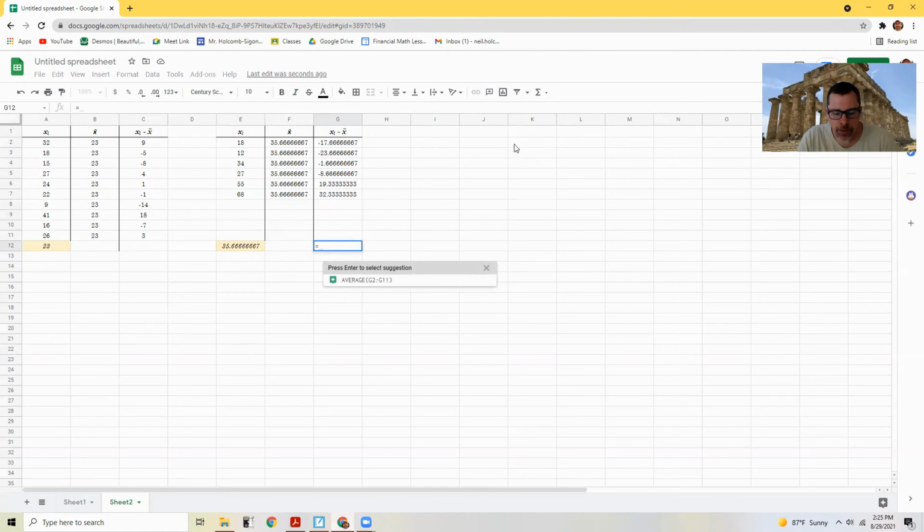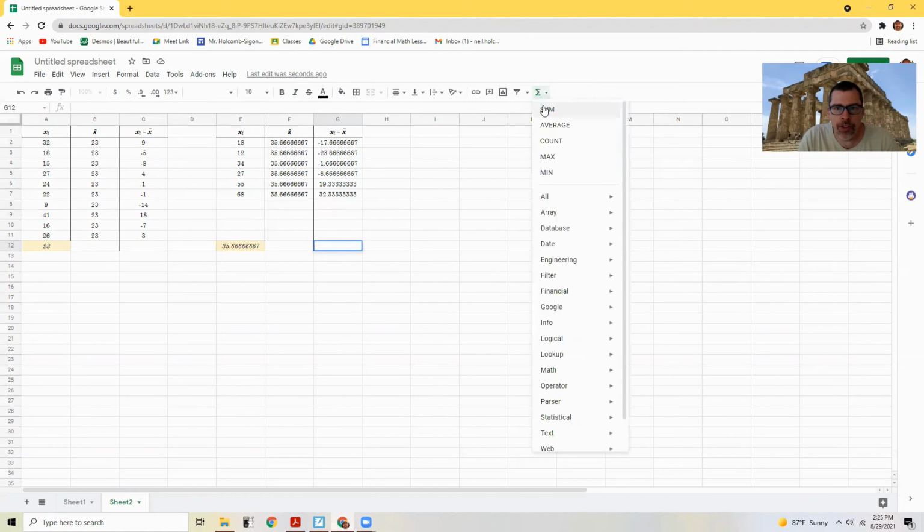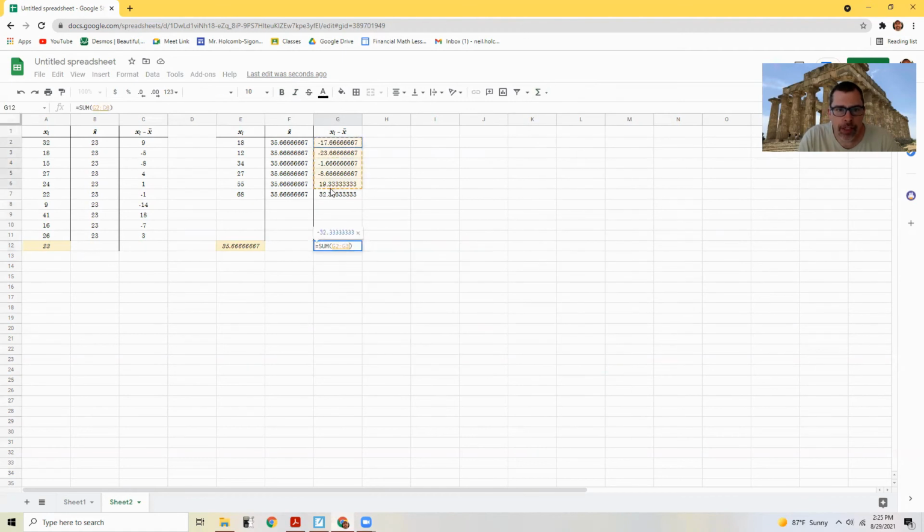Okay, so I hit sum of these, and they're 0. Okay, so this is -17, -23, -1, -8, but then we have a +19 and a +32. So adding all of those up, we got 0.